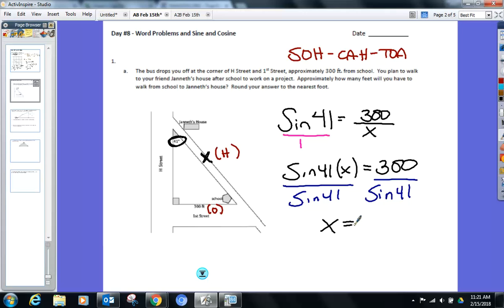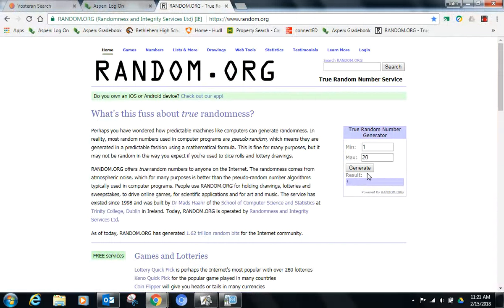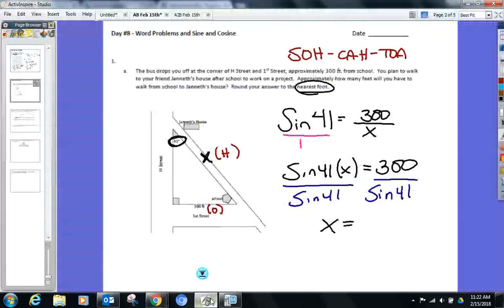So how far, and let's start paying attention to rounding directions here, nearest foot, are you going to have to walk to get to Big Al's house? 457 feet. It's worth it. Could have been 4,057 feet. We're still going.